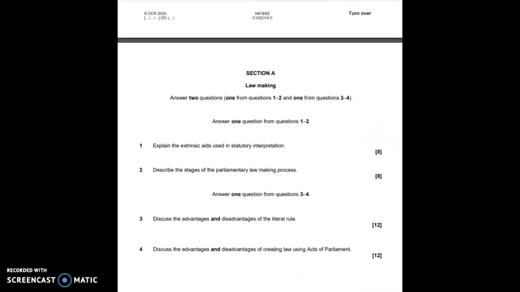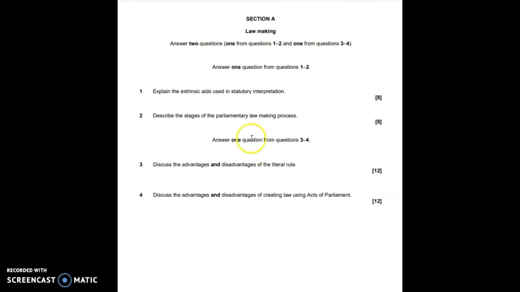So if we scroll down then, I'm going to start by looking at section A on lawmaking. In section A, you need to answer 1 8-marker and 1 12-marker. So you're going to choose either question 1 or 2 and either question 3 or 4 on this paper. Questions 1 and 2 you can see are worth 8 marks, and they are the explain or the describe type questions.